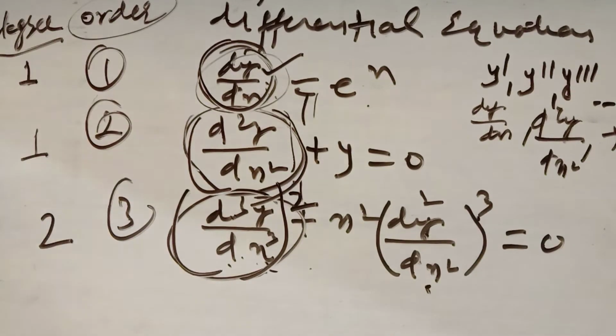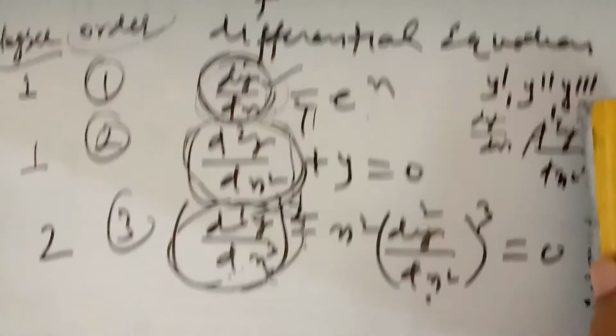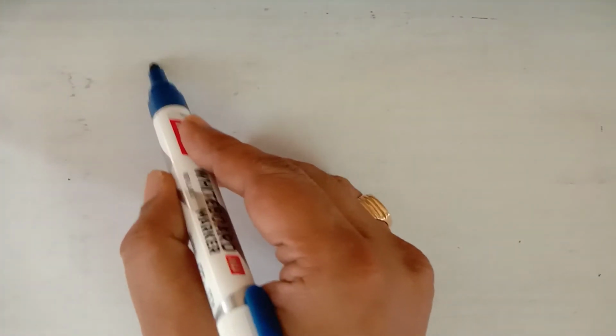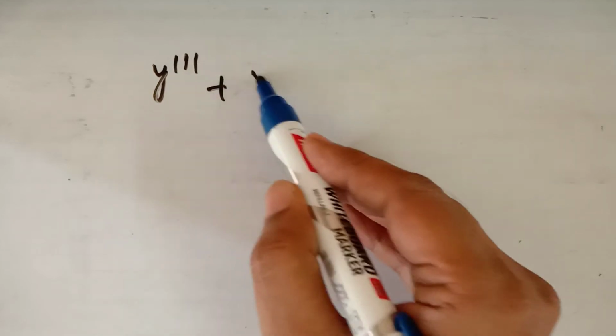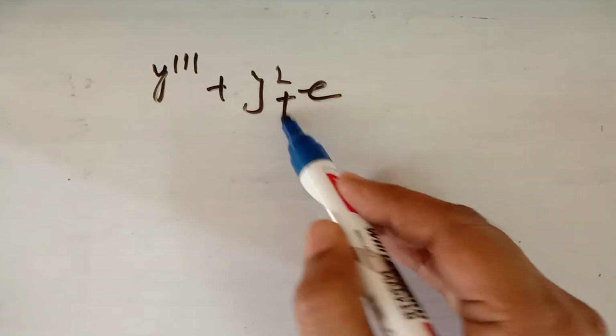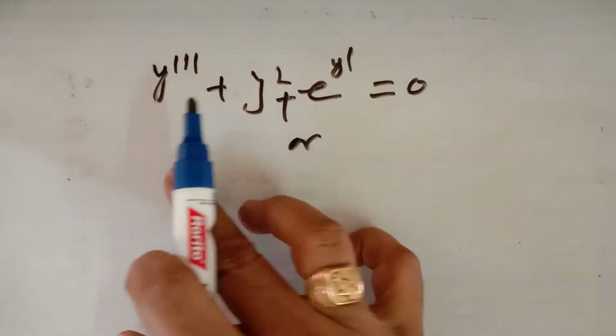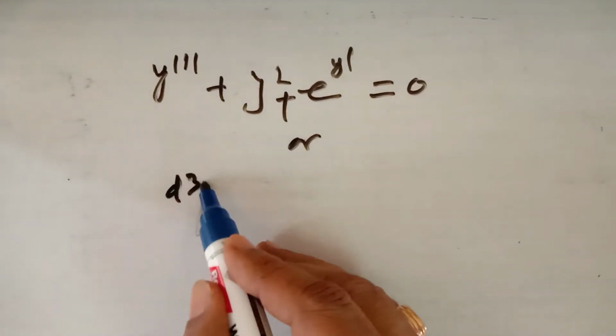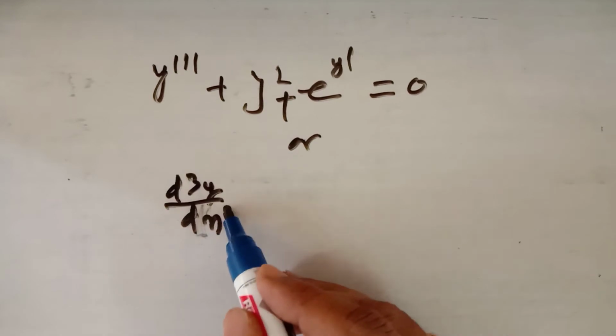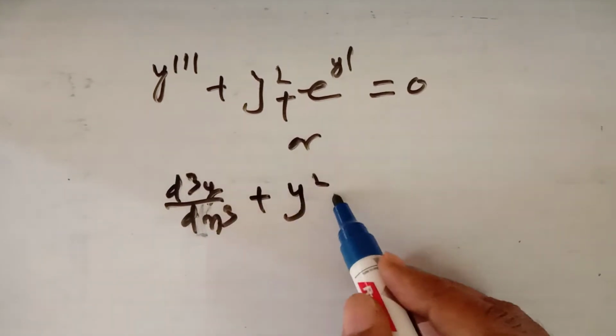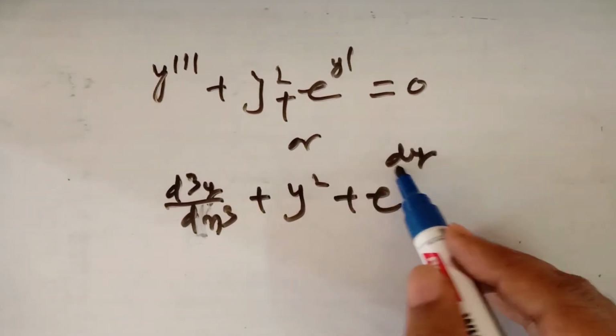Now let us take an example in which we don't have a polynomial equation in terms of the derivatives. y triple dash plus y square plus e to the power y dash equal to 0, where y triple dash means it is the third derivative, plus y square plus e to the power dy/dx.